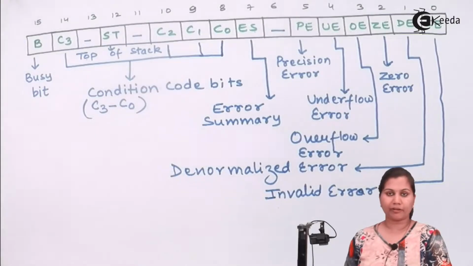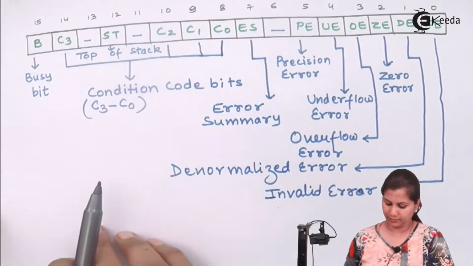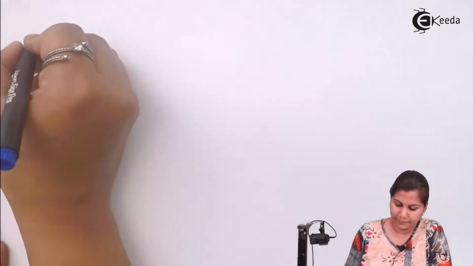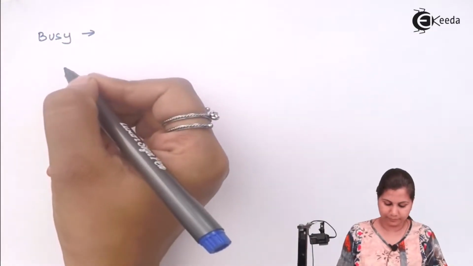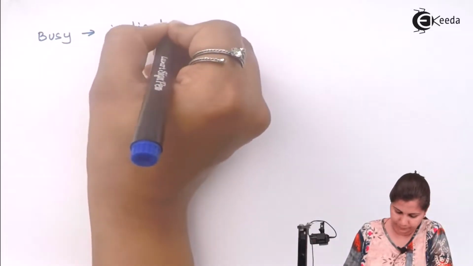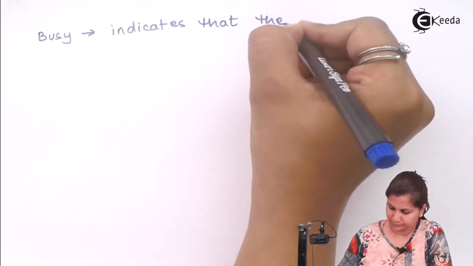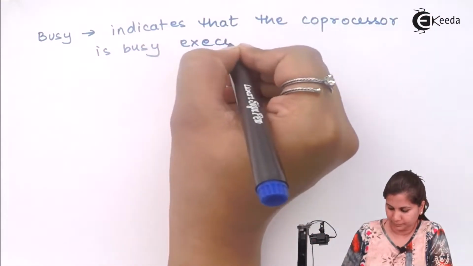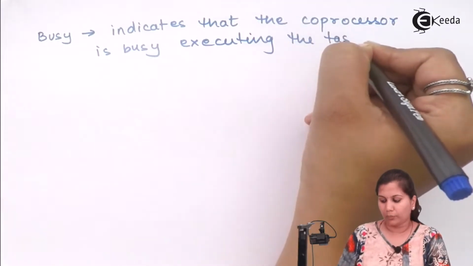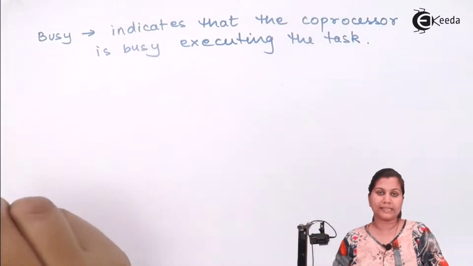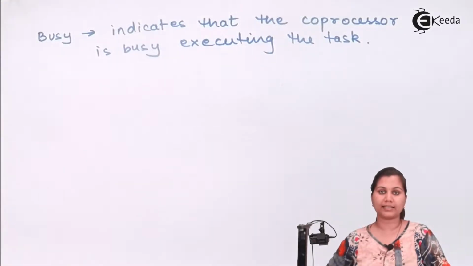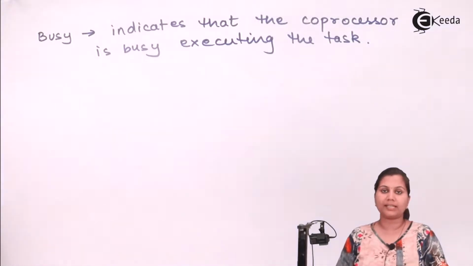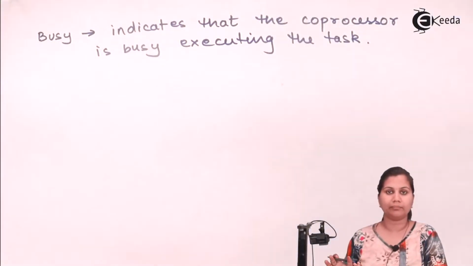So let's study the function of each of these bits. When the busy bit is 1, it means it is set, and it indicates that the coprocessor 8087 is busy executing some task.